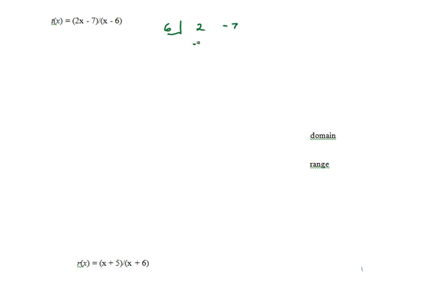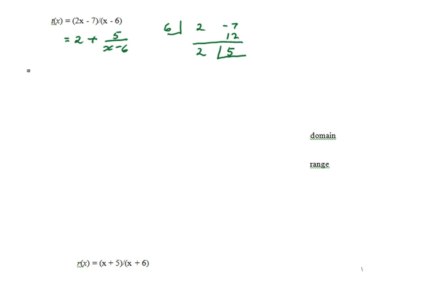And when we do that, we get a constant term of 2. 2 times 6 is 12. The remainder is going to be 5. And so g of x this time is equivalent to 2 plus 5 over x minus 6.